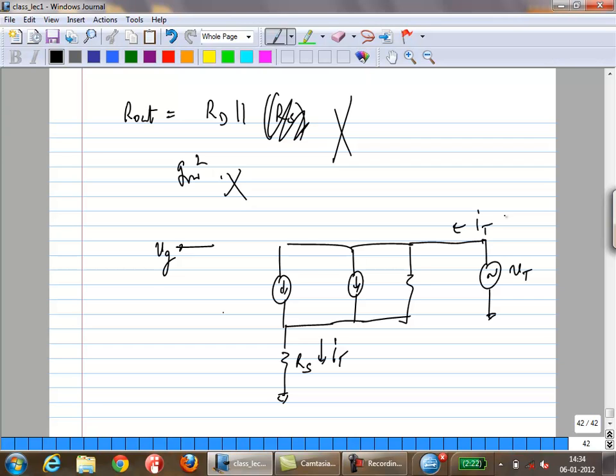Okay, so we're going to apply a test source, ground the input, apply a test source to the drain, right? Find out the current taken by the circuit. VT over IT will give you the output impedance, right? Okay.